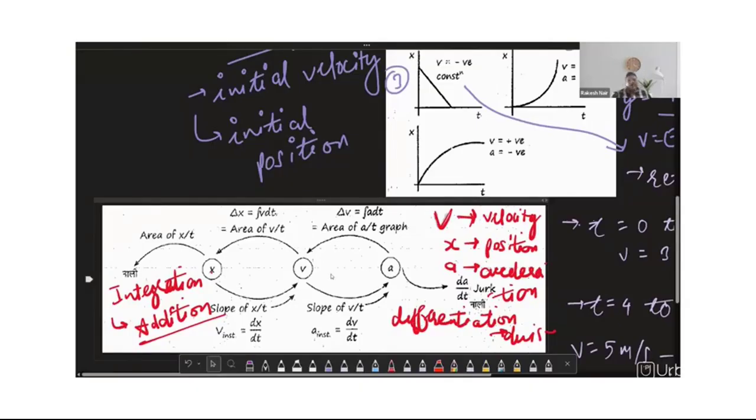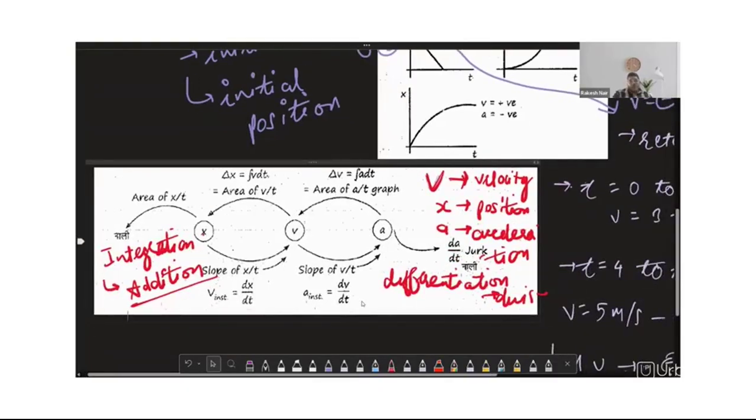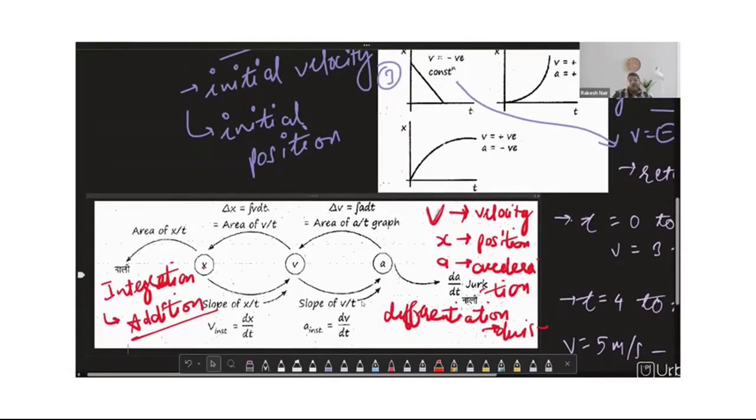In the very same manner, if we want to get velocity from acceleration, again, integration of a dt will be occurring. So this kind of corollary could be drawn when we are witnessing all the changes in our upcoming sessions. But this concept map is a hack for all the board aspirants.